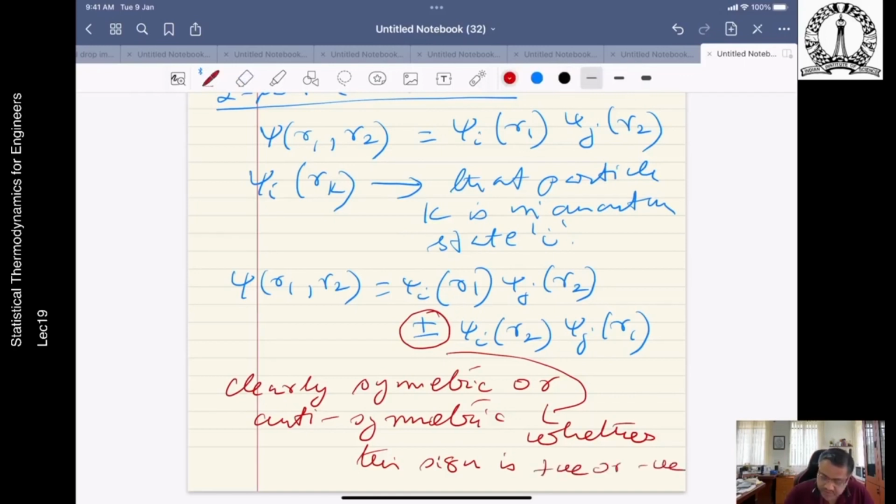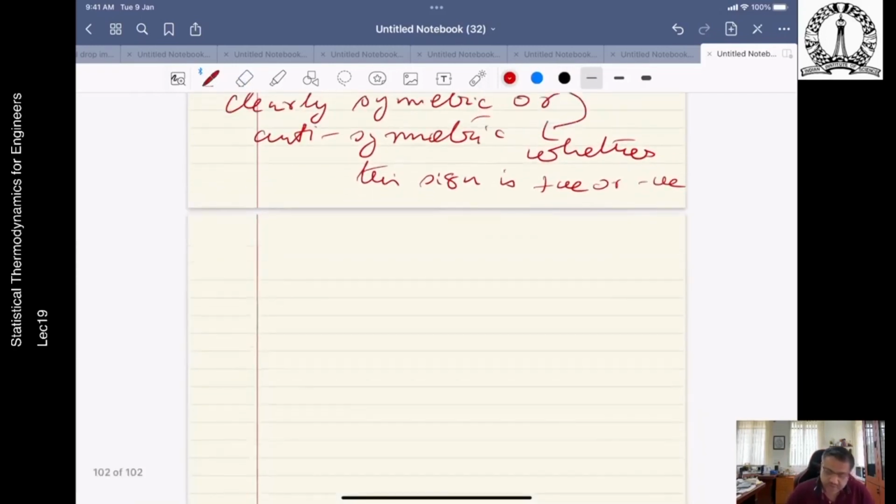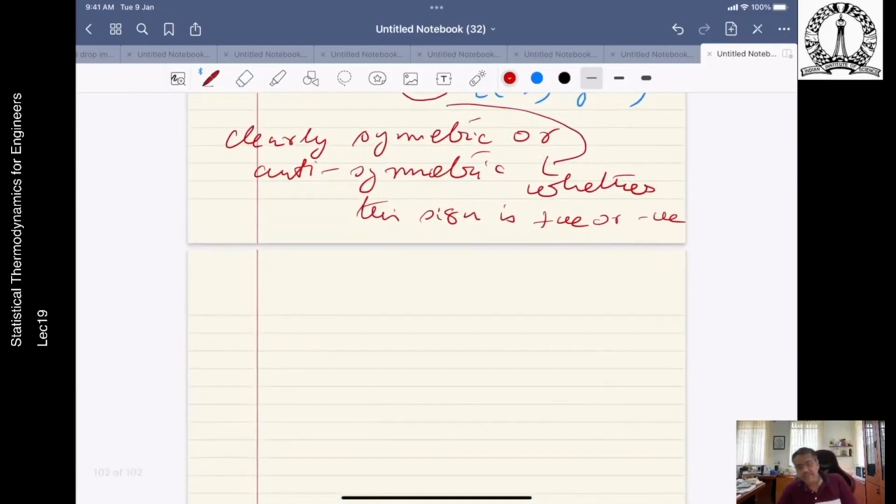So that is the symmetric or the anti-symmetric wave function.